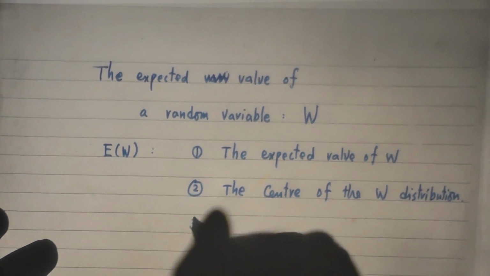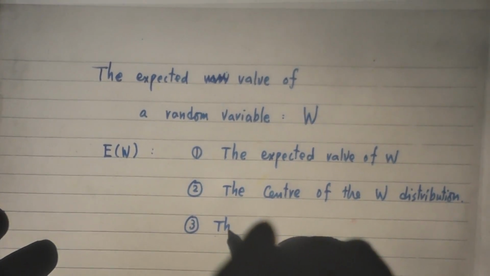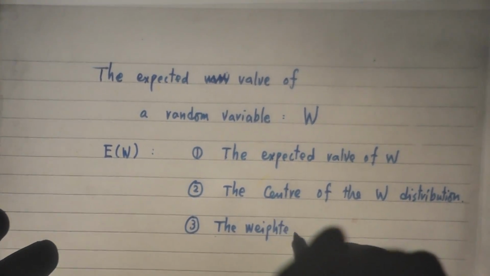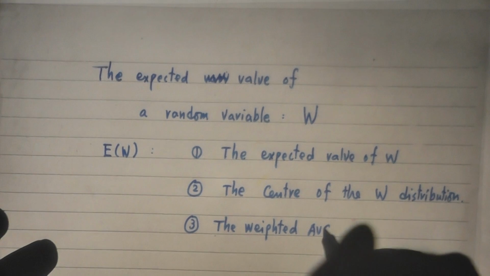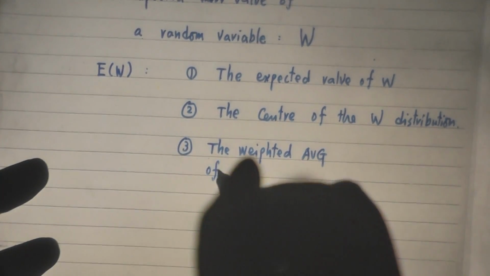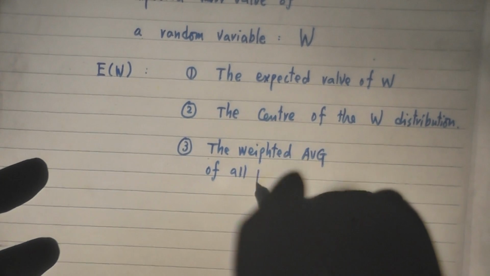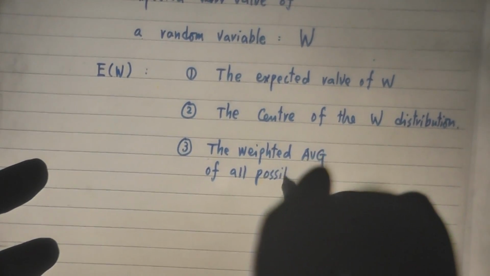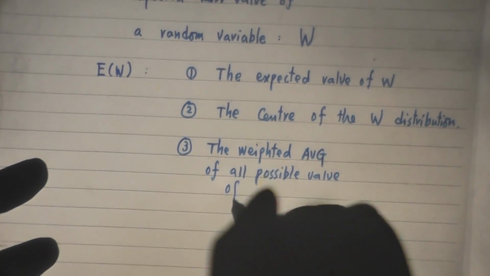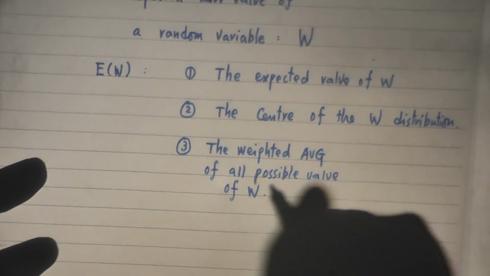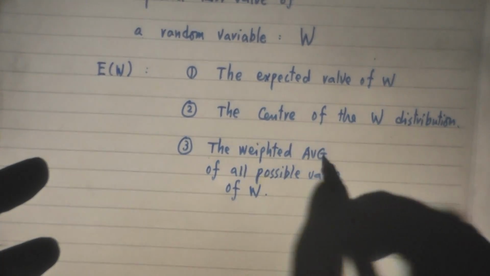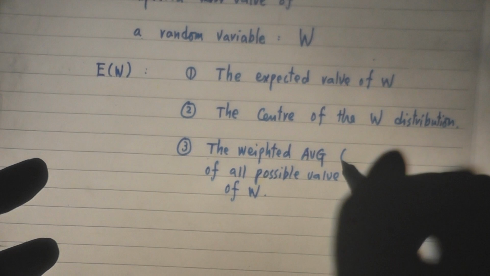And the third interpretation is a weighted average of all possible values of W. Weighted average, weighted by what?